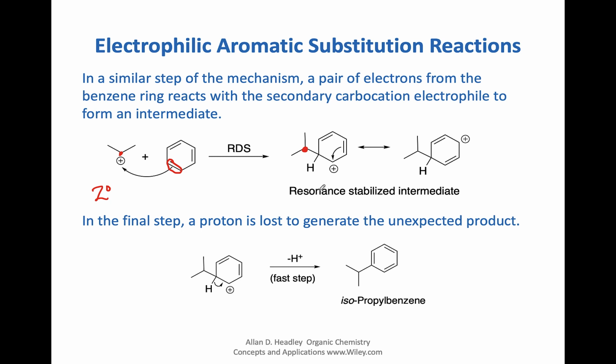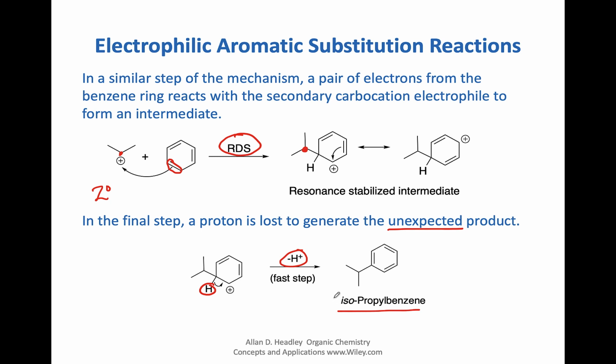And of course the resonance stabilized intermediate in the rate determining step. And in the final step, this proton is lost, as shown here in a fast step, and the aromaticity is regained to give the unexpected product. This time it is isopropyl benzene.